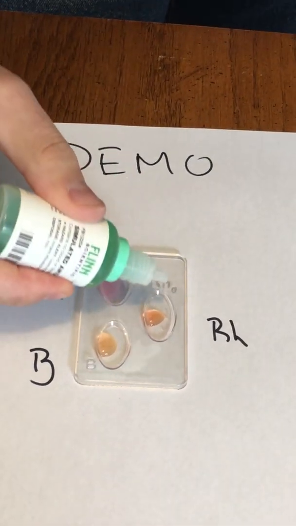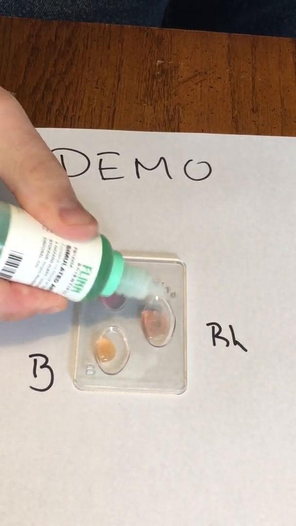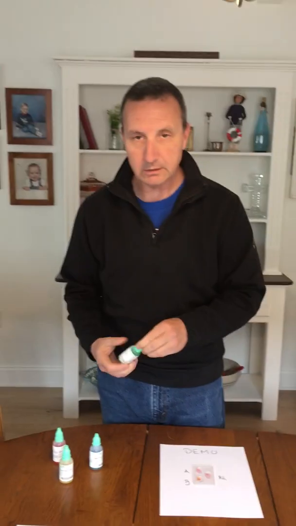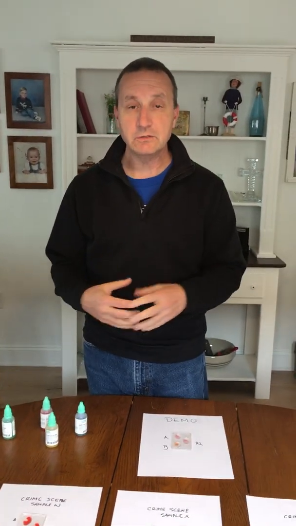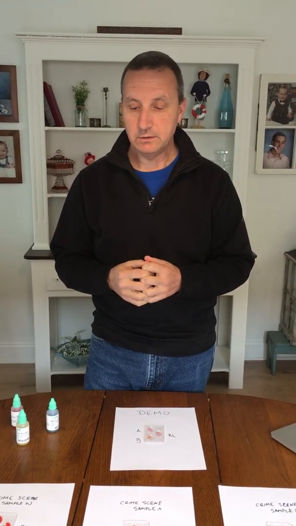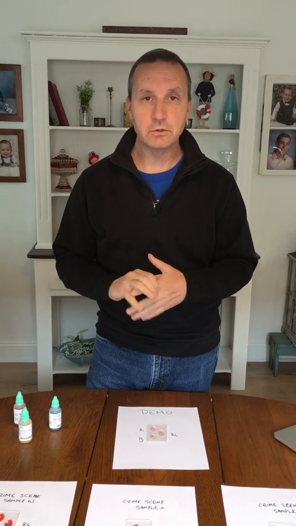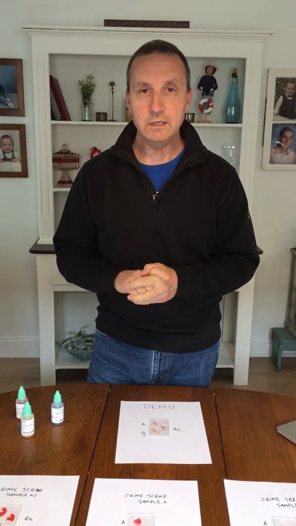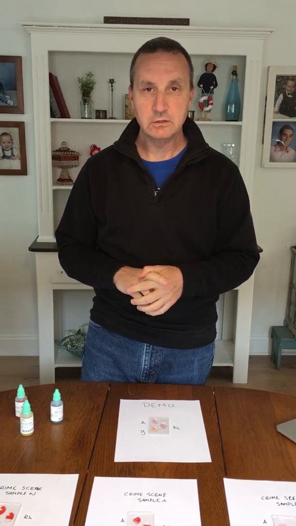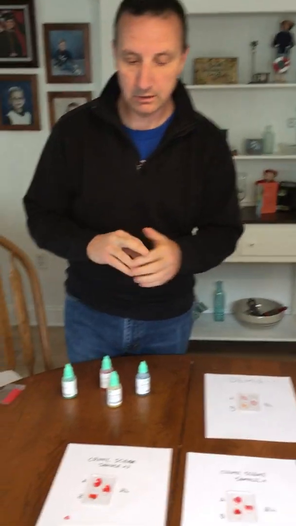Again, you are looking for a positive reaction, some type of change to the blood. If that blood reacts, then you have a positive reaction and you do have that blood type, right? So I've already set that up for the blood samples for the crime scenes and for each of our 4 different suspects. So let's take a quick look here.